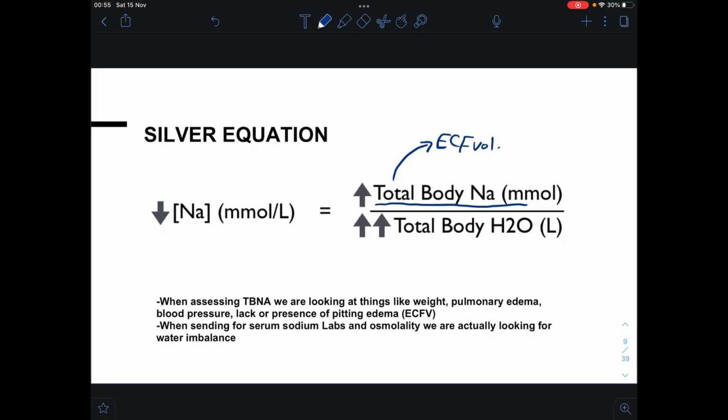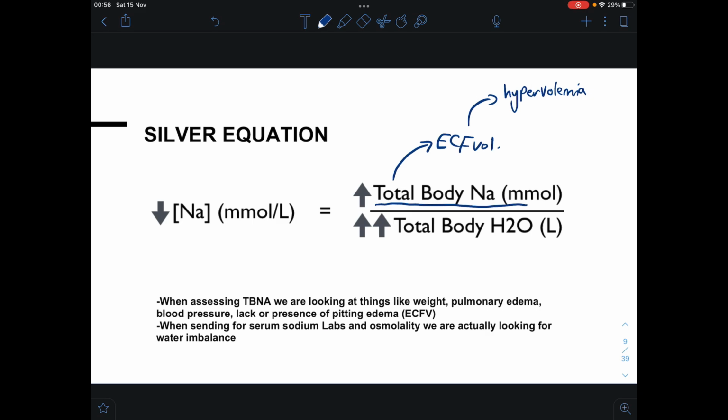We can't actually measure the total body sodium in a person, but we can clinically assess a patient and see if they have signs of low total body sodium or high total body sodium. In conditions of high total body sodium, you will find signs and symptoms of hypervolemia. So you might see that the patient has, for example, pulmonary edema, high blood pressure, ascites, pitting edema, those sorts of things.